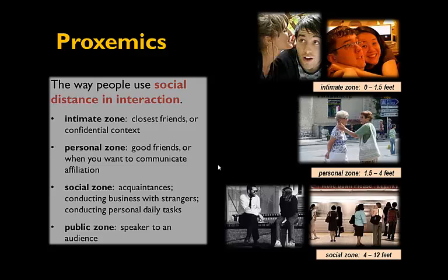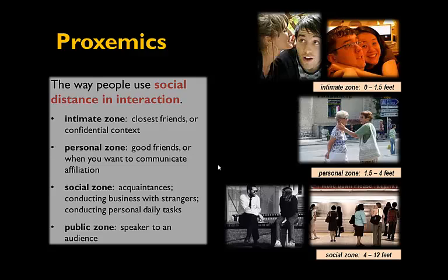intimate zone is reserved for your closest friends, or if you are sort of whispering to somebody, telling a secret, that there's some sort of confidential context about your communication. And so intimate zone is 0, so touching each other, to about 1.5 feet. And then the personal zone is used by good friends, or when you want to communicate what's called affiliation.